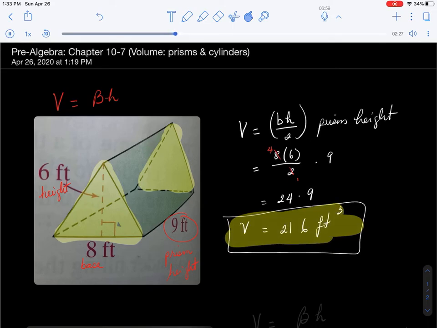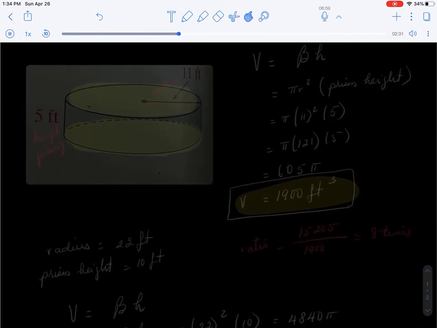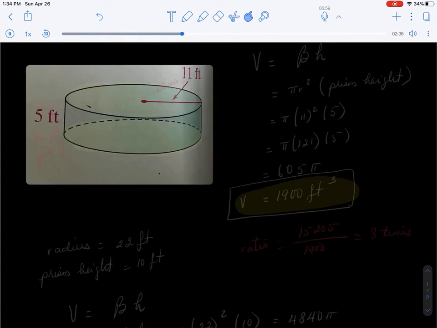Okay, in the second scenario, let's look at the volume of a cylinder. For a cylinder, here's my base. This base happens to be a circle, okay? That is a circle, so this is my radius, and that is my height.